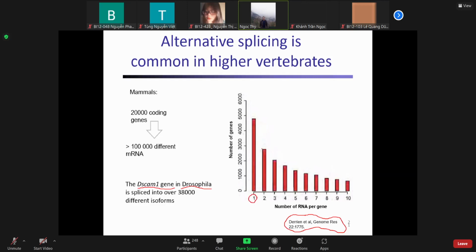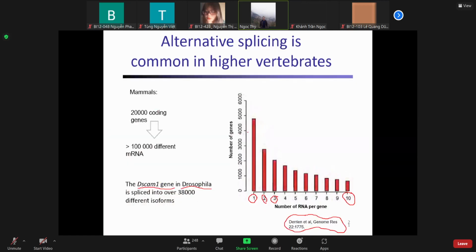Nearly 3,000 have 2 transcript variants, and so on. More than 2,000 genes have 3 transcript variants, and about 1,000 genes have more than 10 variants. So some genes have many different transcript variants.